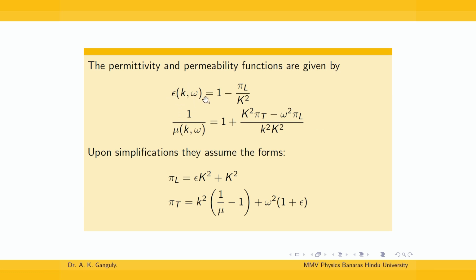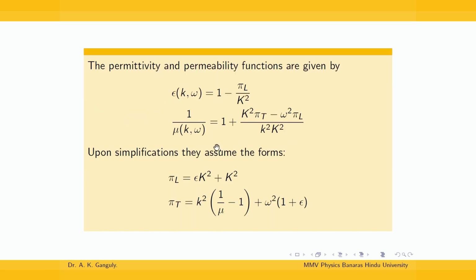that is epsilon of k omega can be related to 1 minus the longitudinal form factor over 3-vector square, wave vector square, and 1 over the permeability is in terms of the transverse form factor, its energy, and the wave 4-vectors.